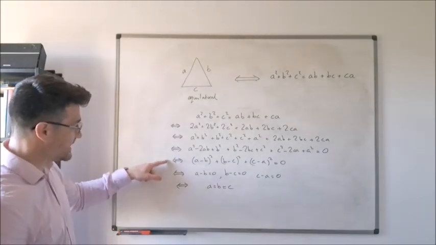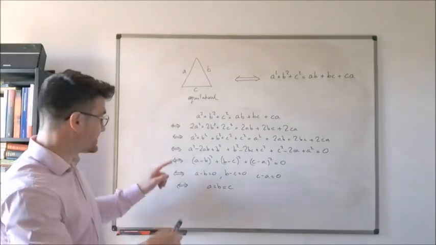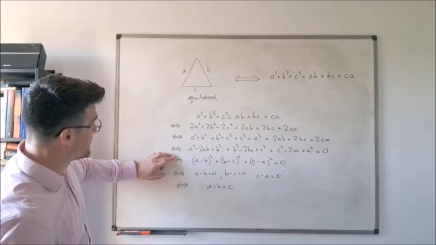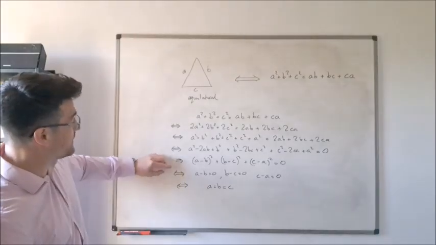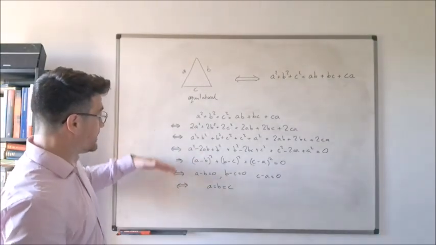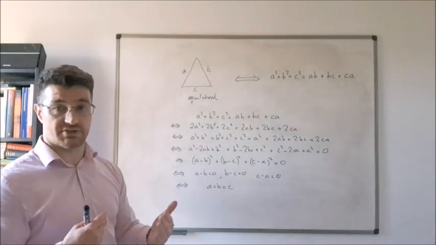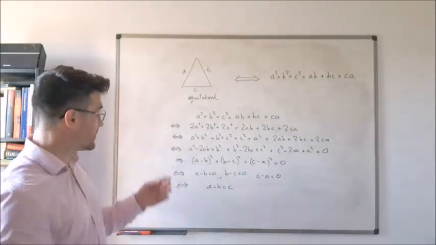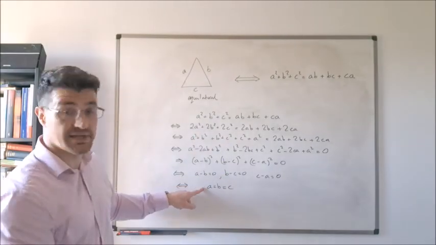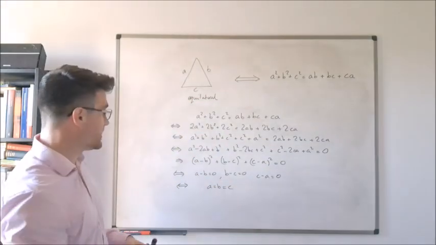If at any stage the implication just became single directional, so let's say, for the sake of argument, that this implication was just in one direction, then this argument wouldn't prove both directions simultaneously. It would only prove in one particular direction, from here to here, but not vice versa, not conversely.